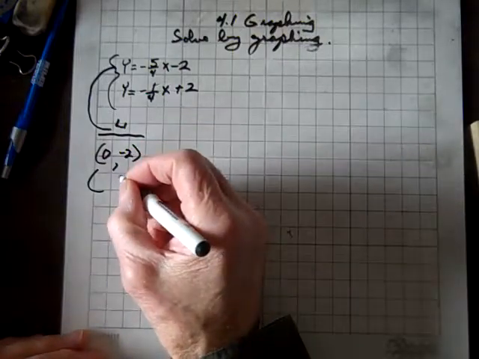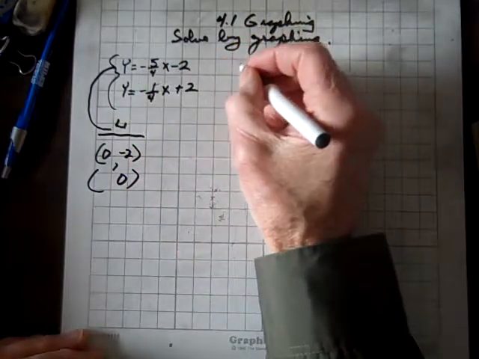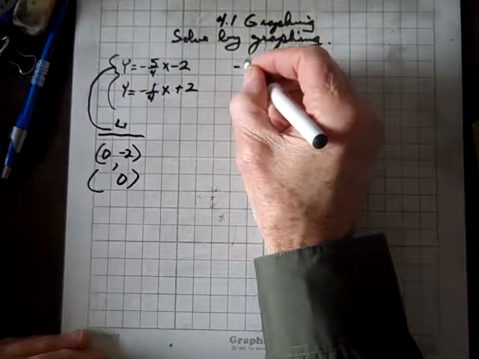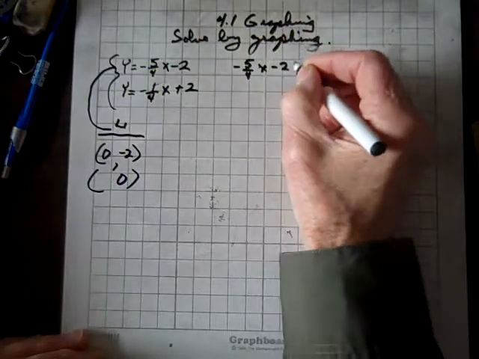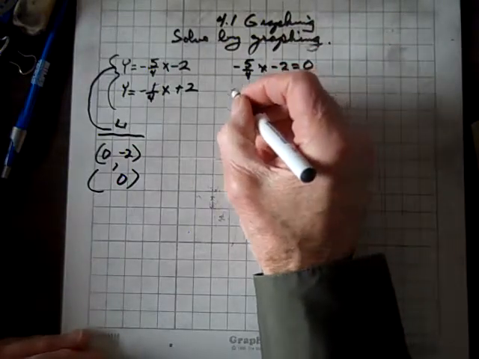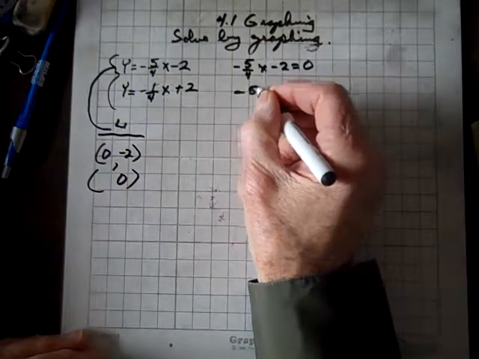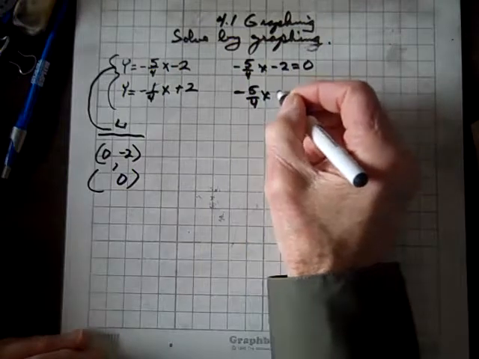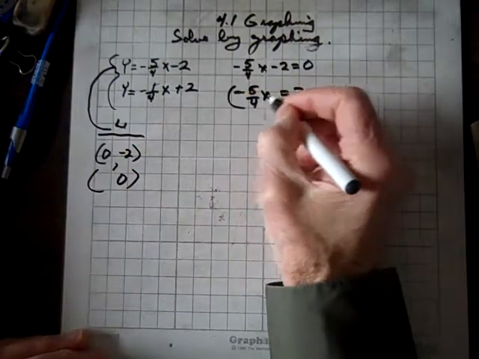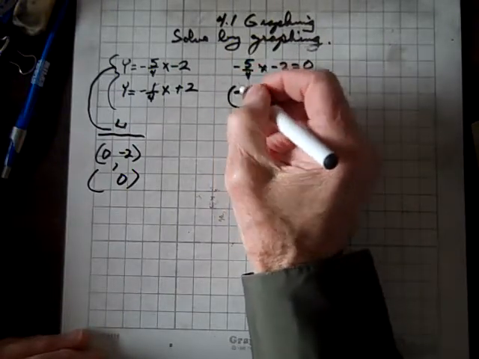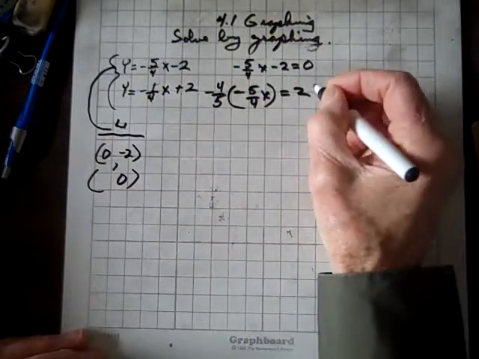When y is 0, we have -5/4 x minus 2 equals 0. We'll add 2 to both sides, and we get -5/4 x equals 2. And now to get x by itself, we'll multiply both sides by the reciprocal of -5/4, which is -4/5.